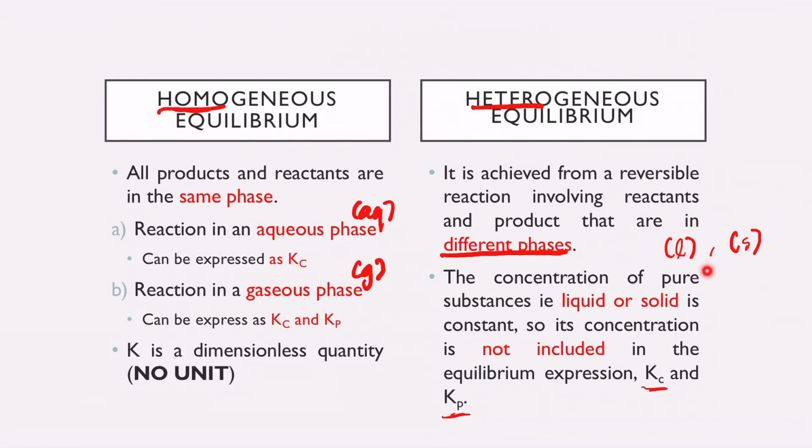Therefore, it has no effect on your equilibrium constant. So you're not going to include liquid or solid, okay? You're just going to ignore it as if it doesn't exist.